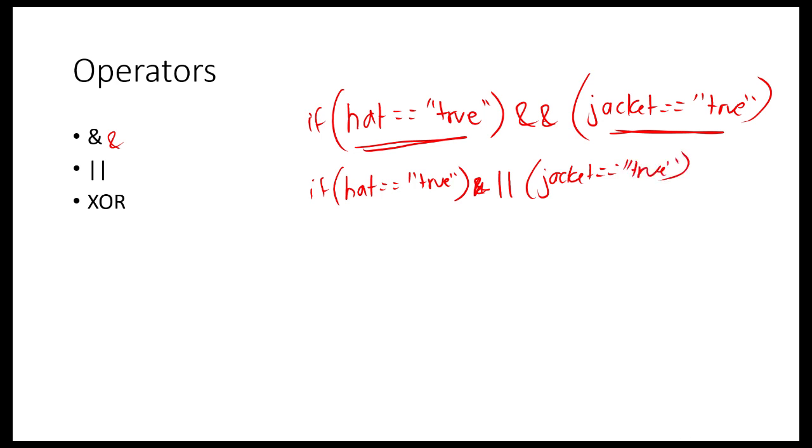That means this one's true, or this one's true, or they're both true. This will pass. If we use XOR, then if one of them is true and the other one's false, then it will pass. But if both of them are true, it will not pass.